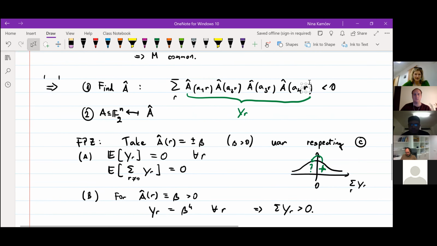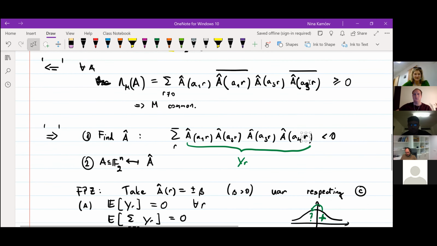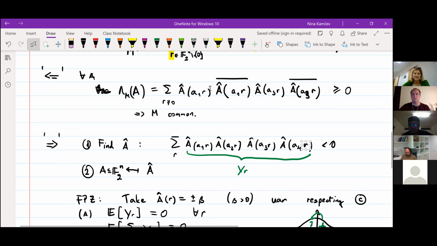This didn't work in the positive case, remember, because we had these coins matching up. So we had these 2 coefficients and these 2 coefficients that come in pairs, and these pairs always make the variable YR non-negative.